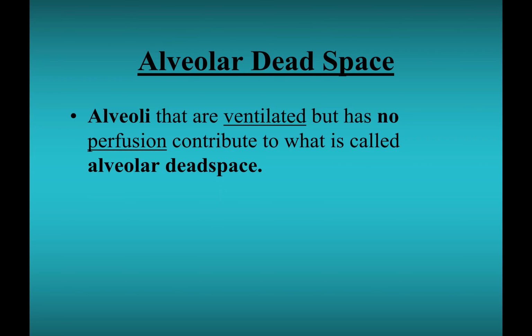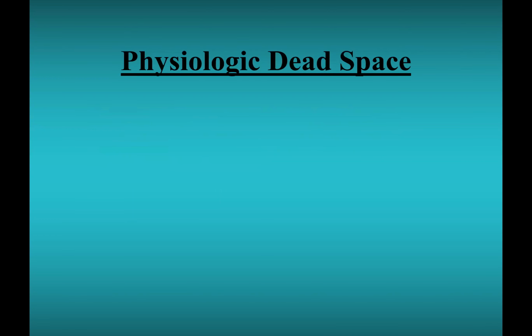That's kind of what's going on here, what we call alveolar dead space. So alveoli that are ventilated, ventilation takes place, but the blood flow across the alveoli is not happening. And this is a form of what we call alveolar dead space.